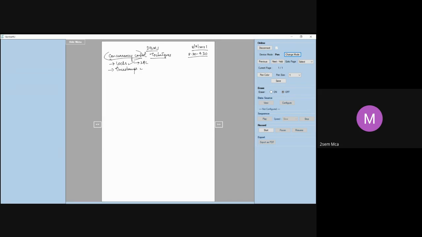Again, under timestamp, we saw the basic timestamp ordering. Then we saw strict timestamp ordering, and then we saw the Thomas write rule. These are again different algorithms that come under timestamps. Then we also saw one more technique, the multi-version technique for concurrency control.